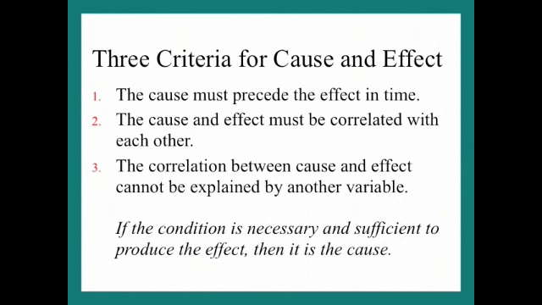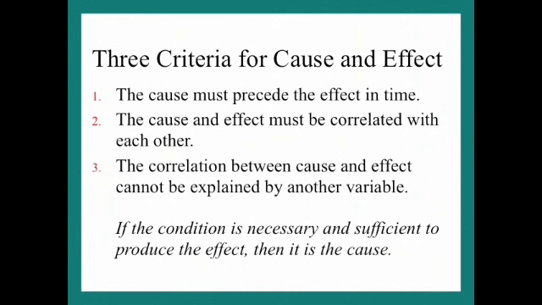Just so you know, the textbook does a really good job of describing this for us. One of the reasons why we use experimental design is to determine cause and effect. And what we mean by cause and effect is we want to determine if the independent variable has an effect on the dependent variable.